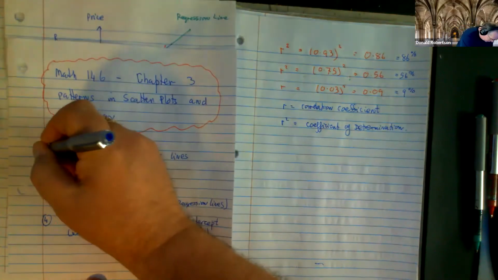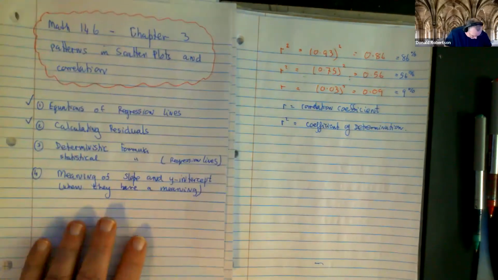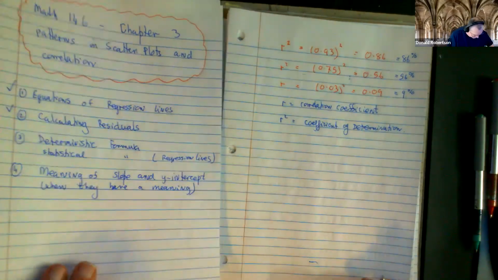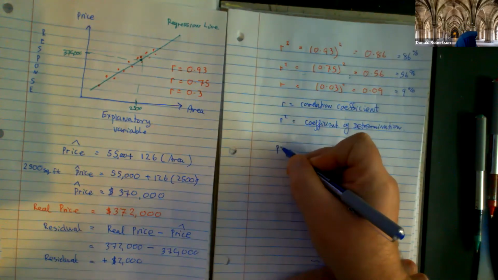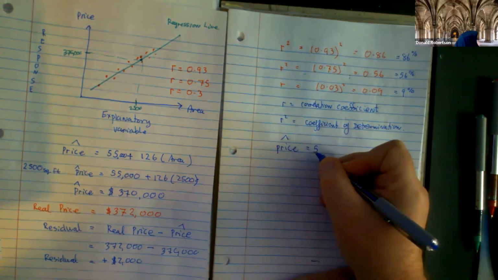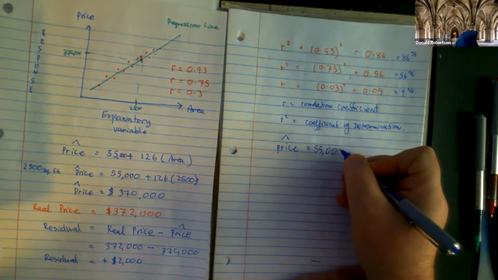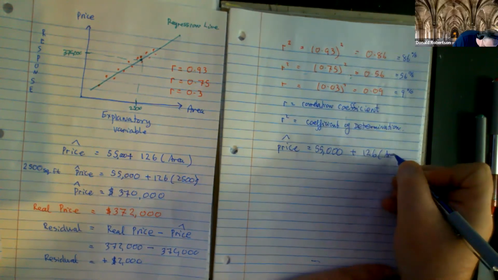So we've talked about the equations of that, and I'll come back to that. Let's look at our formula again. The predicted price of the house is 55,000 plus 126 times the area.